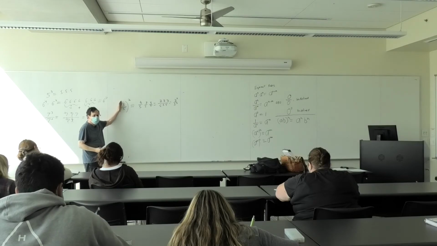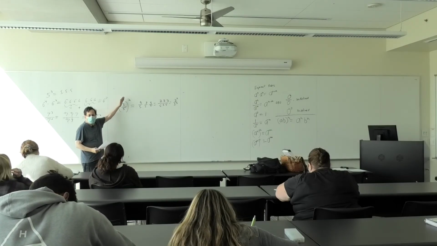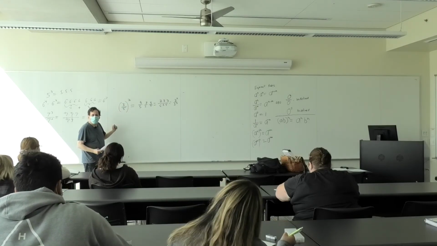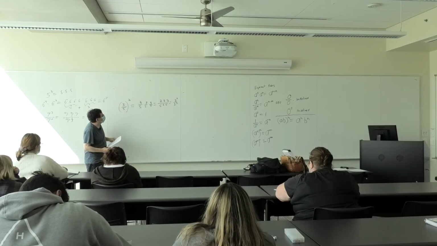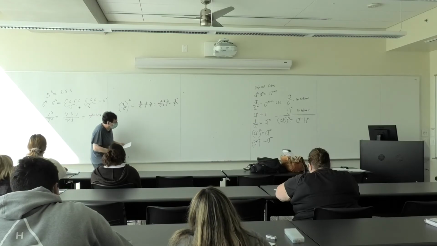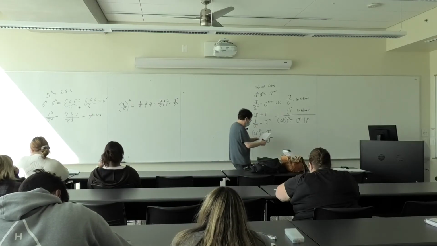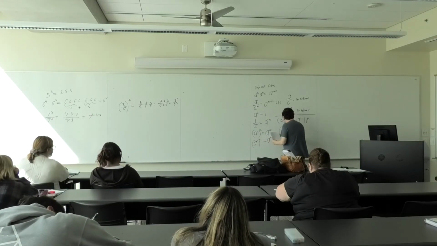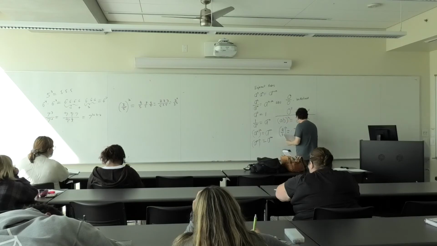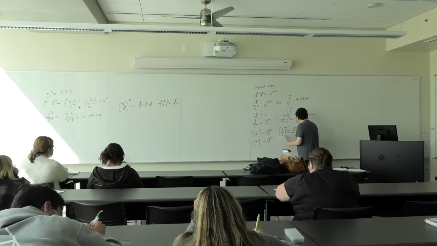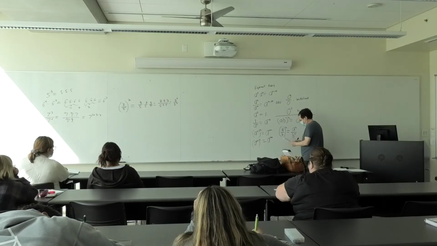So in a fraction, you can distribute the exponent to the top and the bottom. So we have a over b to the n, and that's just a to the n over b to the n.